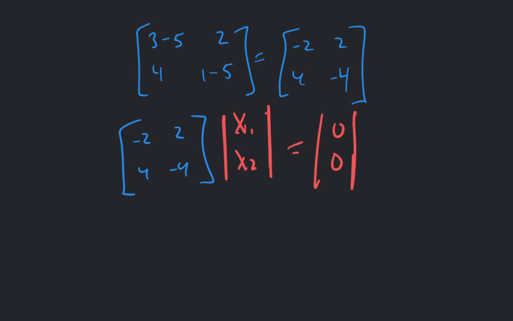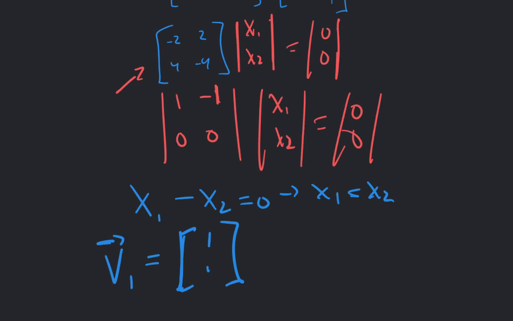So it'll look something like this. So we can actually row reduce our matrix, and this will give us 1, negative 1, 0, 0.